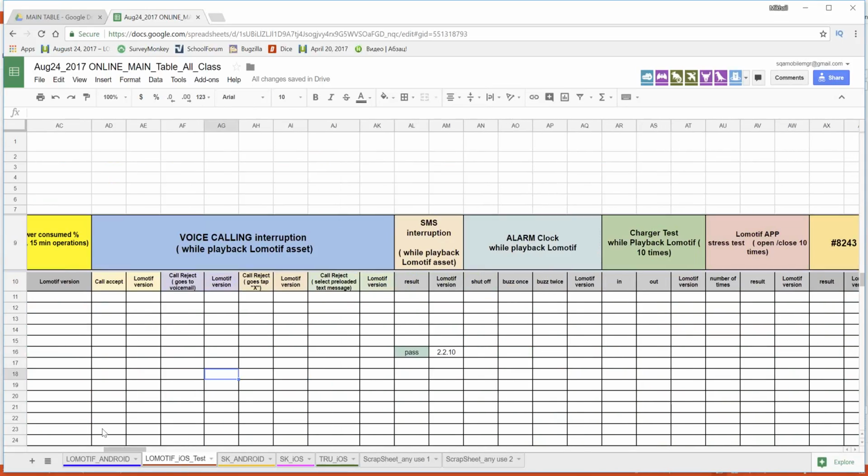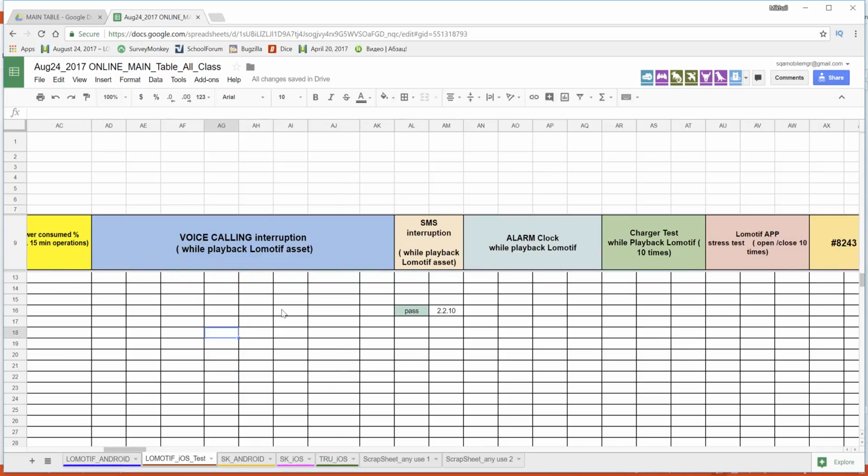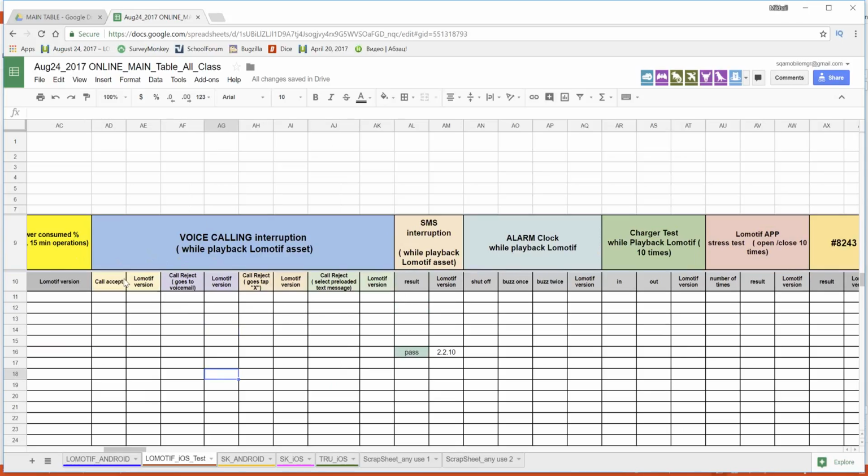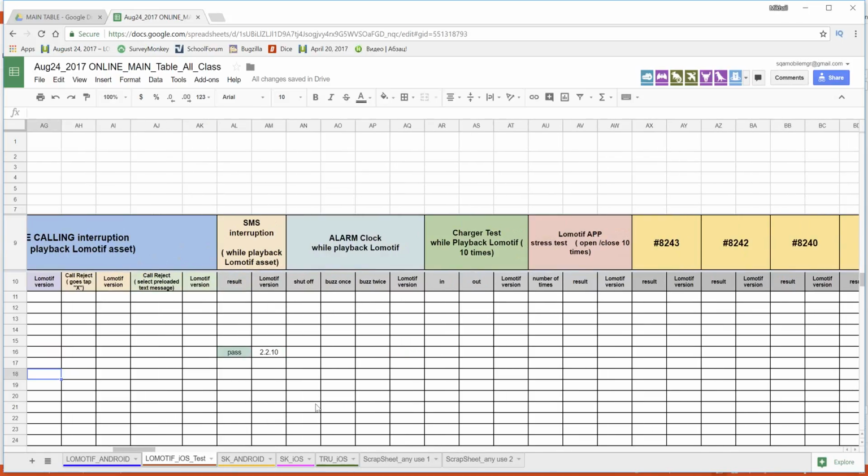So in here, there are instructions for what you would do, and please follow them. Check every single test case and put your results. Also, there's going to be alarm clock, part of the interruption test, and charger in and out. Also, believe it or not, a simple thing such as opening and closing the application just from the icon is a big stress test. So we're going to be doing it next time by session 4.